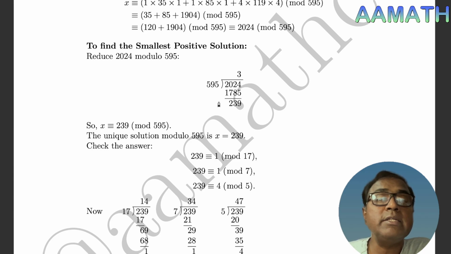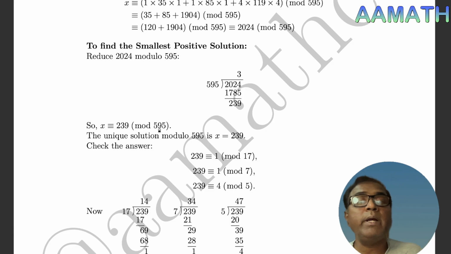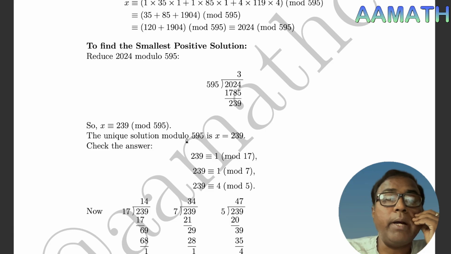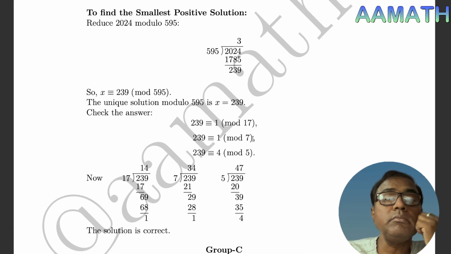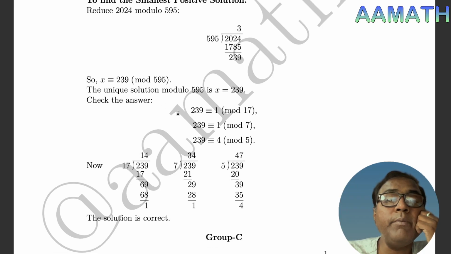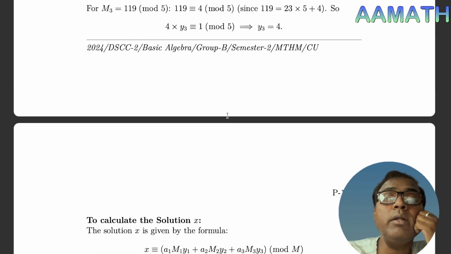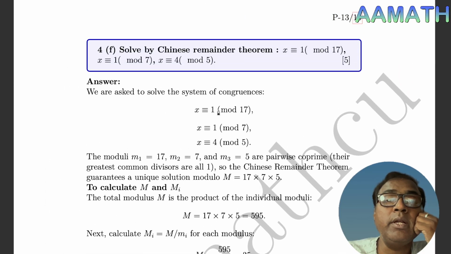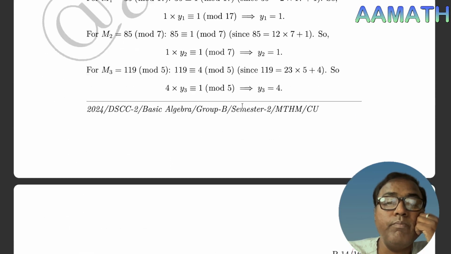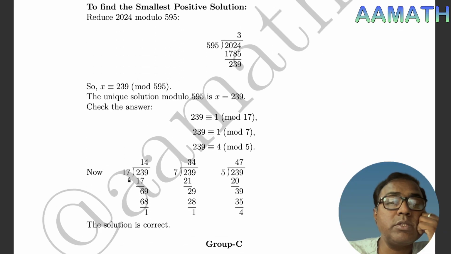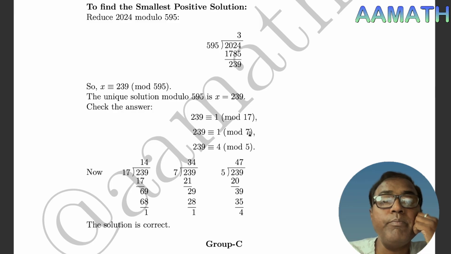Actually, 239 is the residue when x is divided by 595. Check the answer. If we put 239 in the given system, 239 congruent to 1 modulo 17, because when 239 is divided by 17, the residue is 1. 239 congruent to 1 modulo 7, so when 239 is divided by 7, the residue is 1.